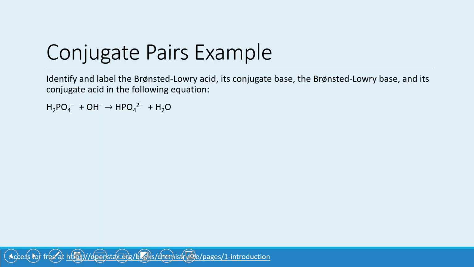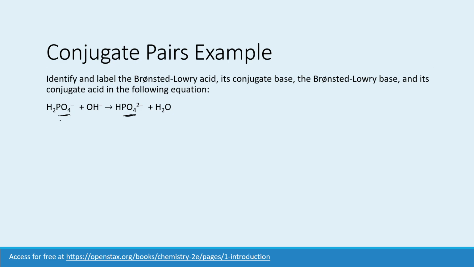Okay, so let's try an example where we try to identify the acid, the base, and the conjugate acid and its conjugate base. So when we do this, we want to pick our first species on the reactant side, and we want to find out what it forms on the product side. So I notice that I've got this polyatomic ion, this PO4, and so I need to find that polyatomic ion on the product side as well, that PO4.